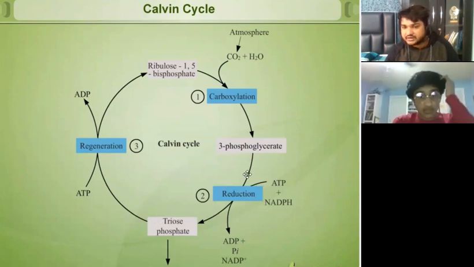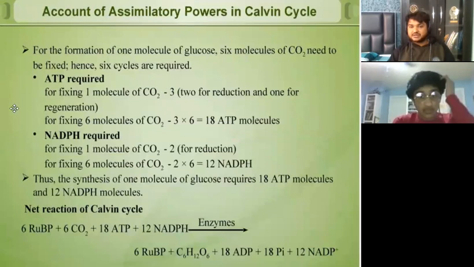Here you have to write 2 and 2 because it is two molecules. So 2 ATP are utilized and 2 NADPH are utilized here. So in a single reaction, how many ATP are utilized? Three: 2 ATP here and 1 ATP here, because it is already combined, forming a 5-carbon single structure. So 3 ATP in a single cycle. So for these six cycles, how many will it be?